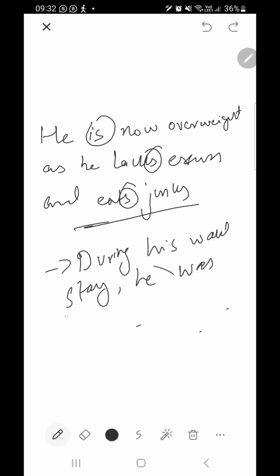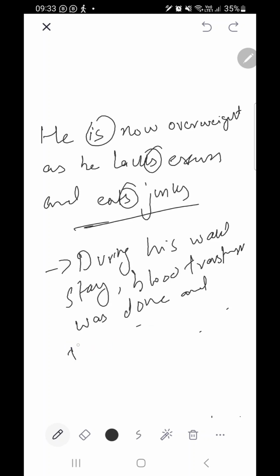During his ward stay, blood transfusion was done, and transdermal patch was used for his pain.